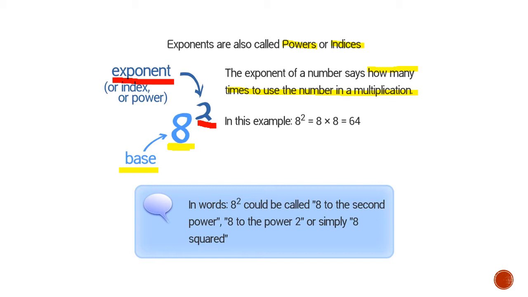Kasi naka-raise siya sa 2. And yung 2, yun yung nag-i-indicate kung gaano karami or ilang beses natin gagamitin tong 8 in a multiplication. So, 8 times 8 is equal to 64. So, in other words, 8 raised to 2 could be called 8 to the second power or 8 to the power 2 or simply 8 squared.